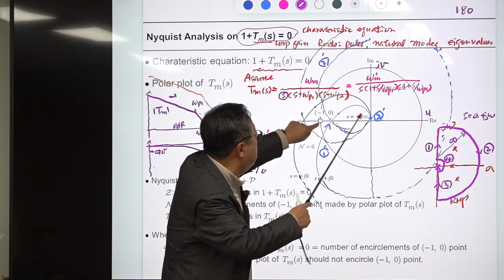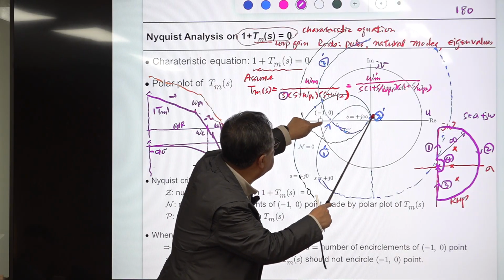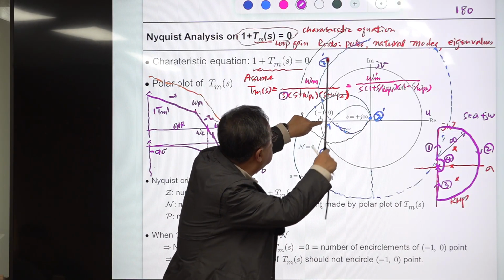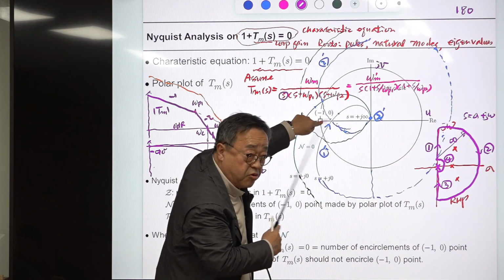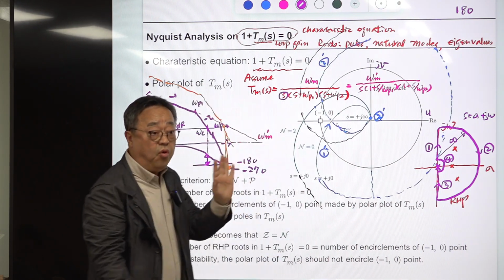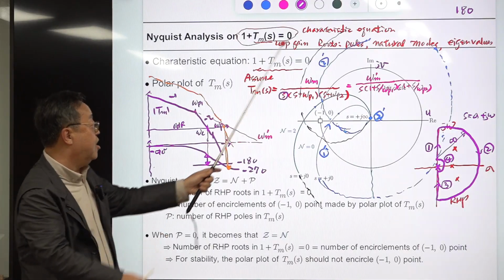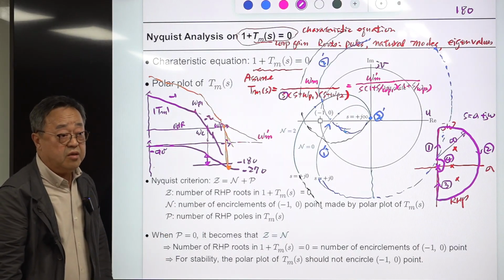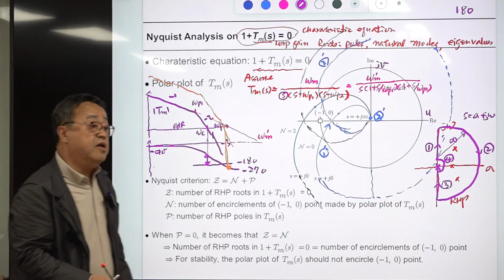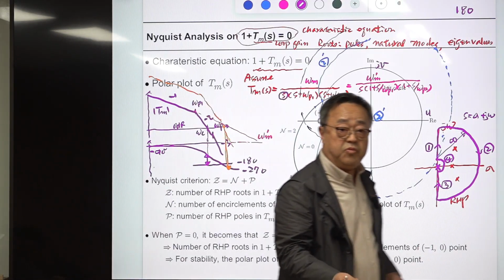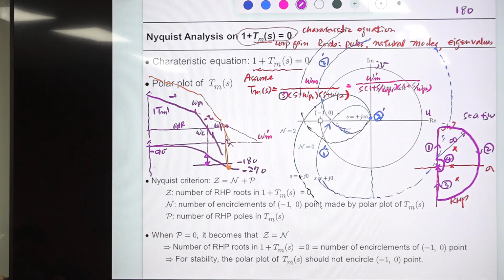For this case, you start out, go around this and around this, and come back to the origin without crossing this point. So there is no RHP zero in this equation, so the system is stable. That is the result of the Nyquist analysis, and that result is derived from complex variable theory, conformal mapping theory, Cauchy's theorem, and so on.